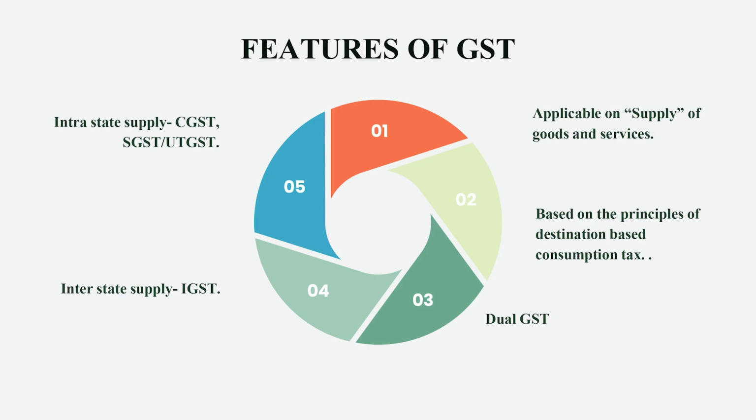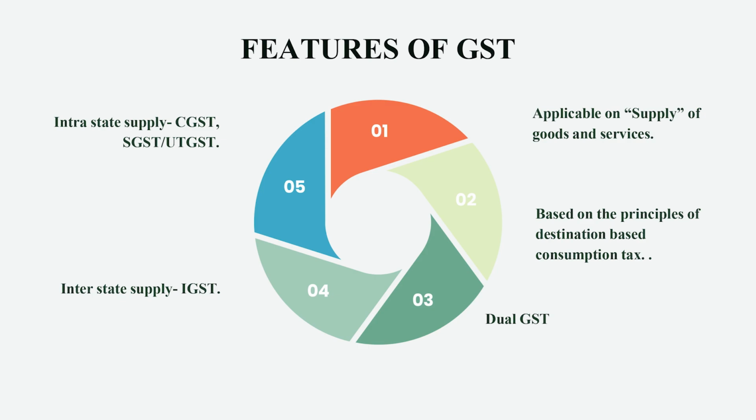Here, if you are a supplier of goods in the state of Karnataka and you are supplying the goods to some other person in the state of Mumbai, you have to pay the GST to the central government as well as the government of Mumbai.